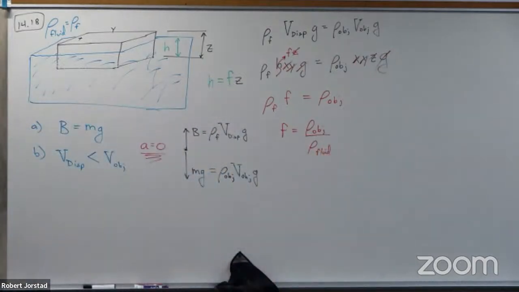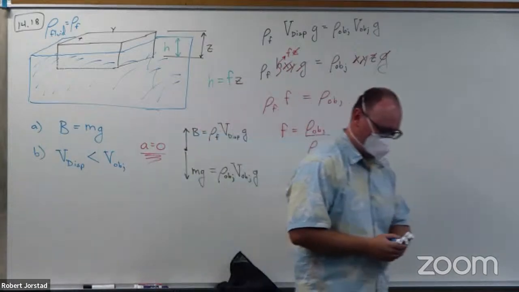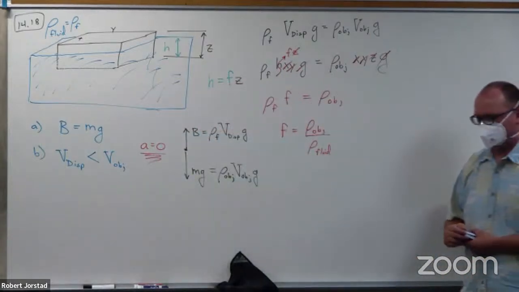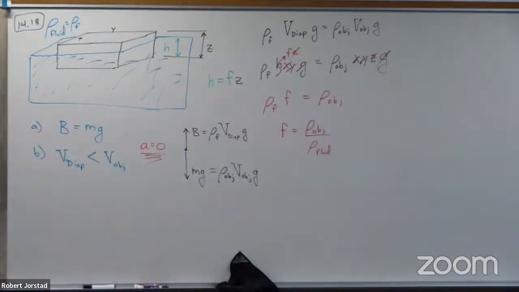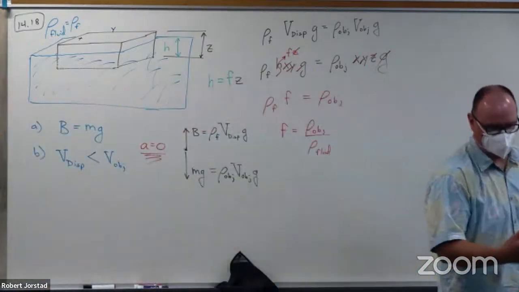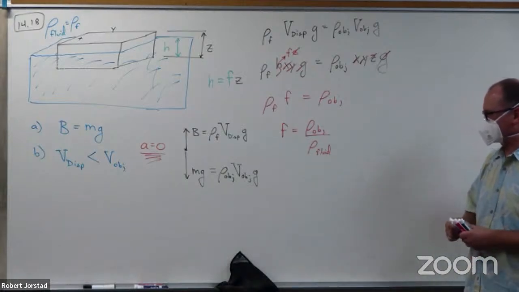Right? Well, and then let me see where I want to go with this. Okay, that's good. This tells us what fraction of the object will be submerged. So now let's think about this.